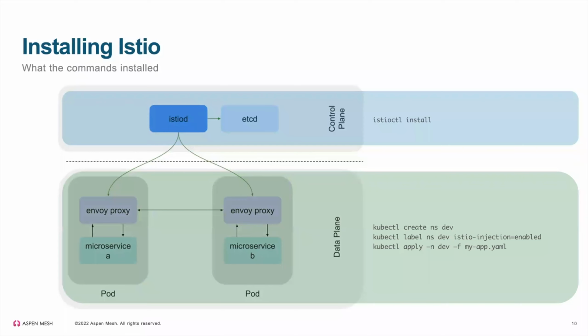And then when you create a namespace and label it with Istio injection, there's a mutating webhook that gets fired when a new pod is deployed to the namespace that has that label. And that mutating webhook will start an init container that modifies the IP tables so that the service only listens on the loopback address or loopback interface, and also installs the Envoy proxy. And the IP tables will then route all the traffic to and from that proxy.